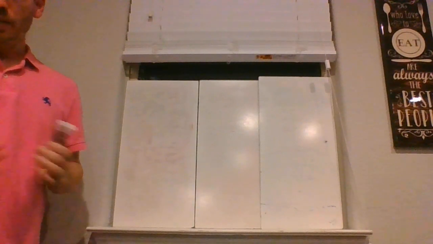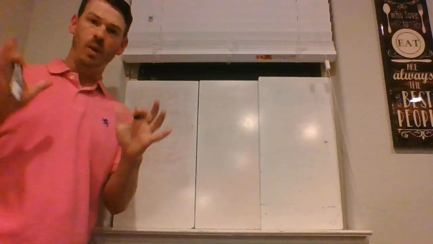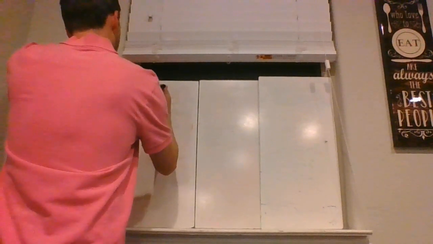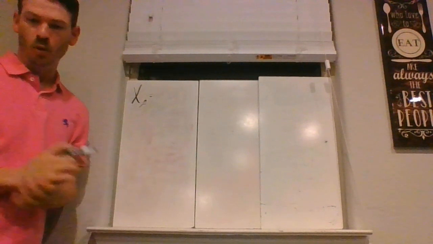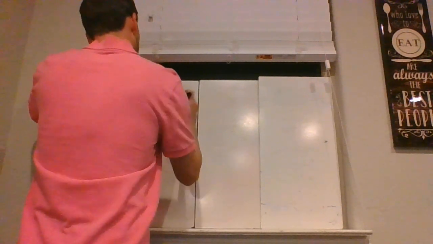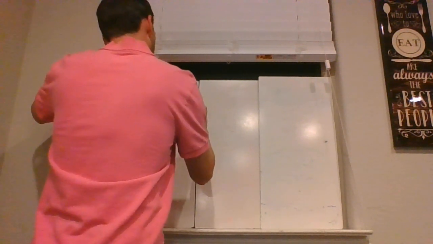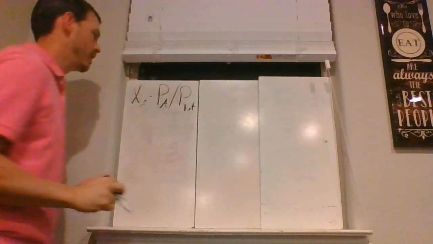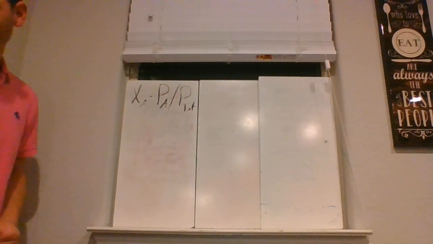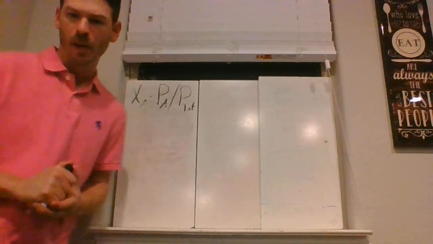All right, so it wants us to find the mole fraction. So right away with the phrase mole fraction, I know that it's the X that needs to be isolated. In order to find the mole fraction, we must divide the partial pressure by the total pressure. So there's the equation that we'll be following. And again, the numbers are easily identifiable in the problem.